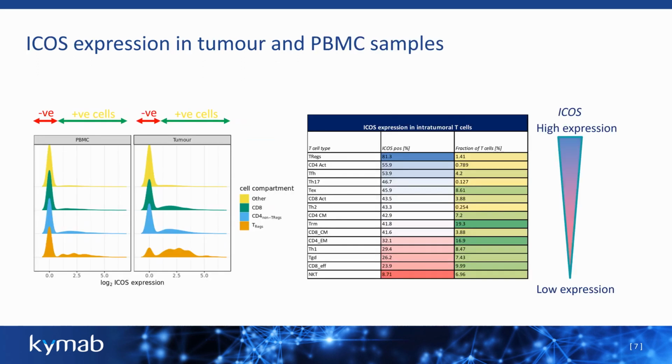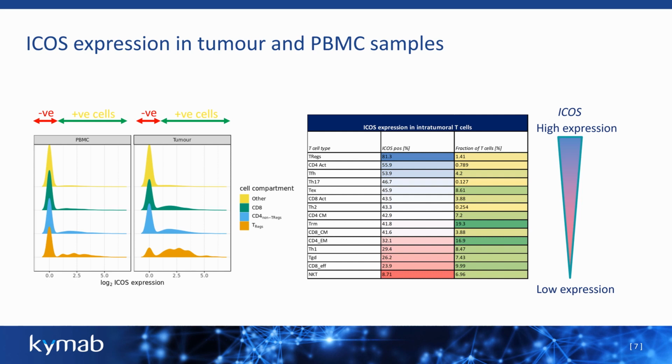If you remember, this work was done for a specific antibody program. So initially we wanted to see if the expression patterns of ICOS on these different immune cell types mirror what we were seeing in preclinical models and what was already published in the literature.